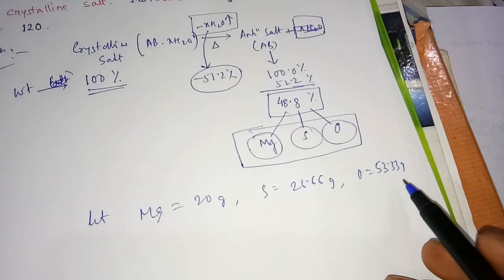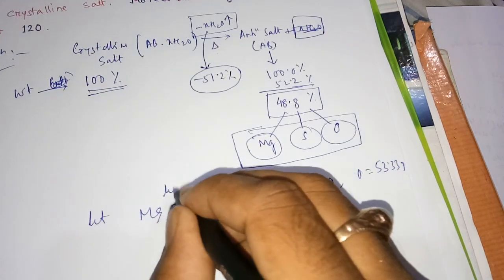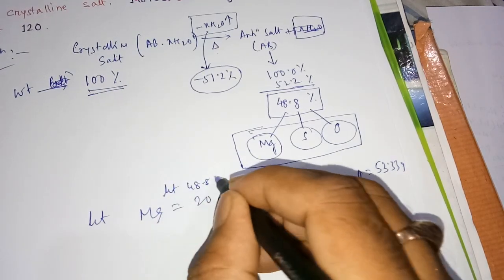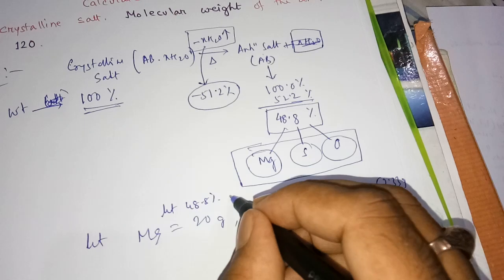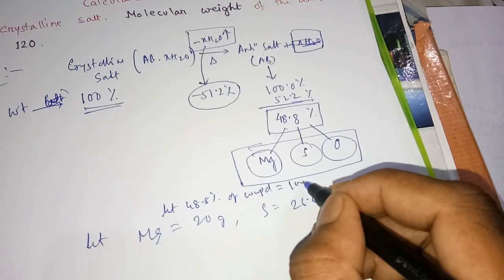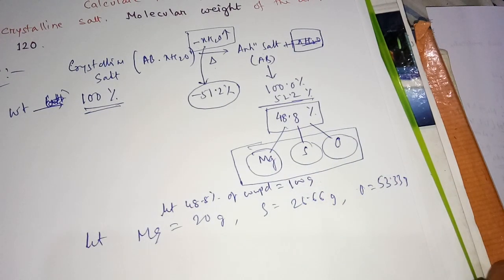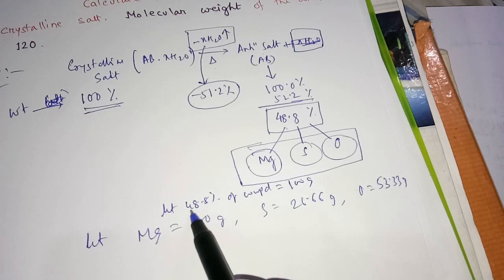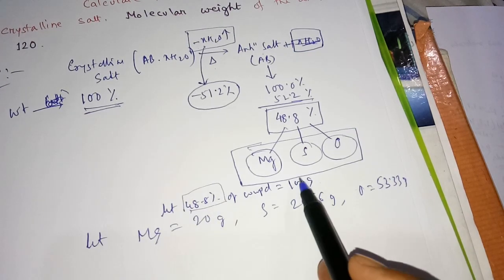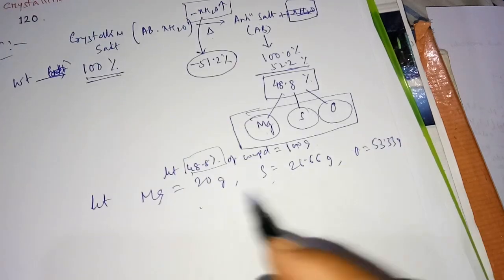Actually you have to say: let 48.8% of the compound be equal to 100 gram. From that you are calculating this, because whatever you are getting is for your 48.8%. Out of that 100 you are getting magnesium, sulfur and oxygen.